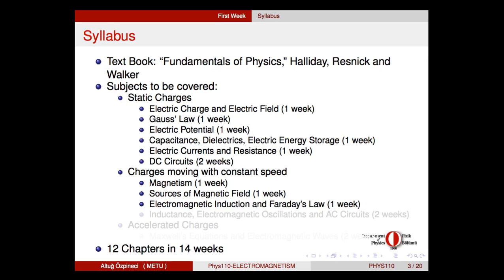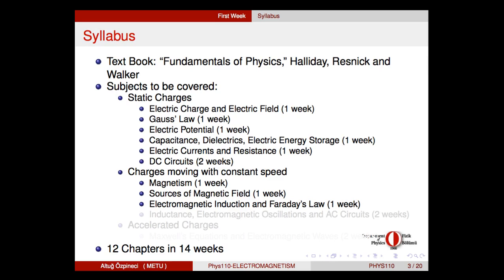We will study the sources of the magnetic field and the induction. If you have an electric toothbrush, you just put it on a device and it automatically charges itself. There is no wire going into it, but nevertheless, you get electric energy transferred into it. That is how electromagnetic induction works.